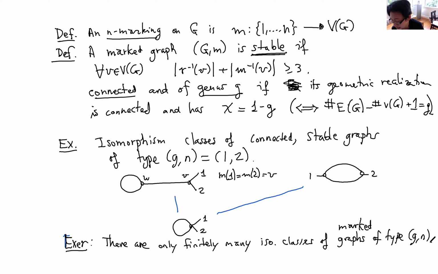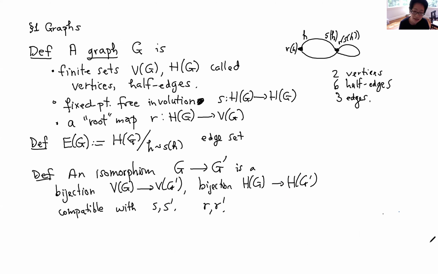Great question from Madeline. Is the number of half edges at v twice the degree at that vertex? I think it's exactly the degree. So I think my answer, Madeline, is that r inverse of v is exactly the set of half edges touching the vertex v. So in our example up here, this vertex has 2 half edges at it.